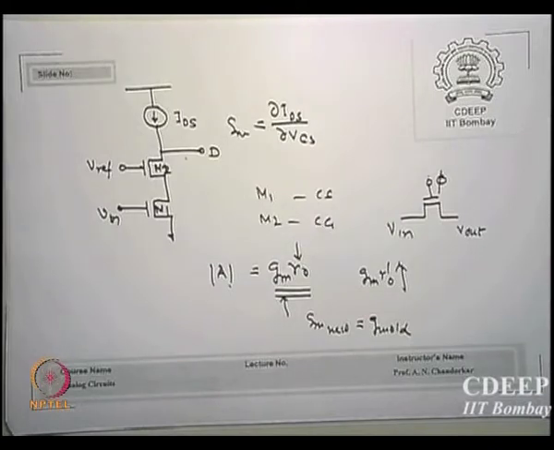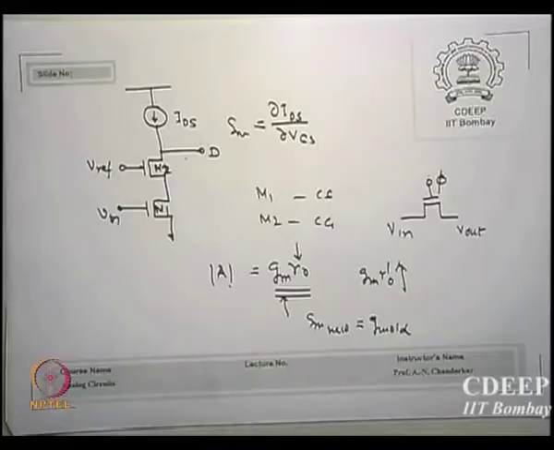If I change GM, then I have a problem because I have changed both. But if I fix my GM, then I don't change FT or bandwidth for that matter. But what will I change? Gain. I increased R0. Cascode enhances the output resistance without losing GM. So this M2 allows what is called cascode, allows you to boost the R0 of the circuit. Is that correct? Next time we'll calculate this. Okay.